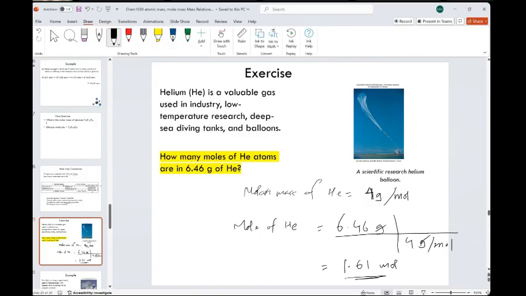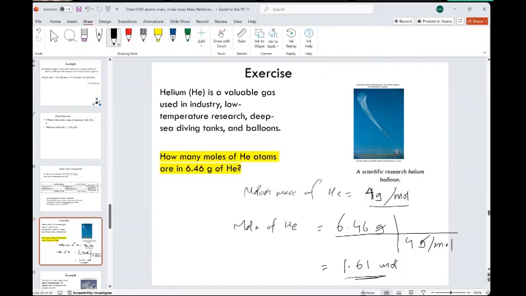But because we are dealing with helium, we take 4 gram per mole. Molar mass means, by definition, gram per 1 mole. So that 4 gram per mole means, conceptually, 1 mole of helium is equal to 4 gram, or 4 gram of helium is equal to 1 mole.